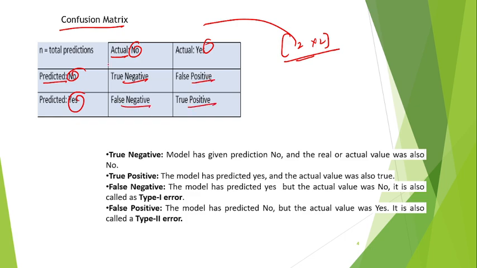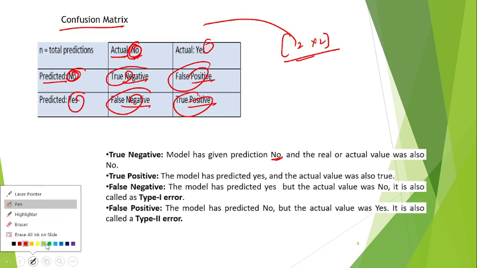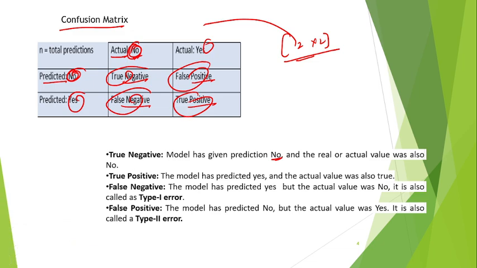True negative: the model has predicted no, and the real value is also no. True positive: the model has predicted yes, and my actual value is also yes.